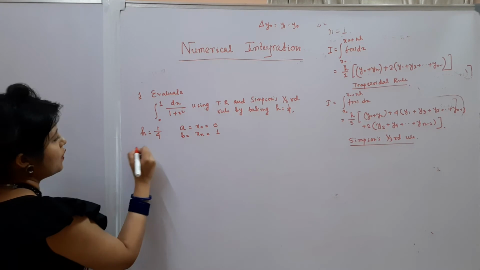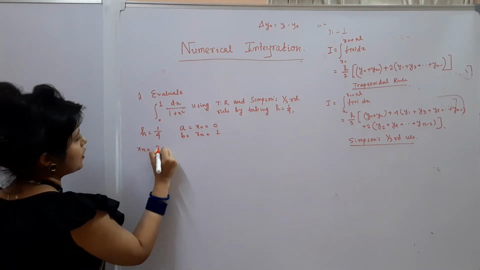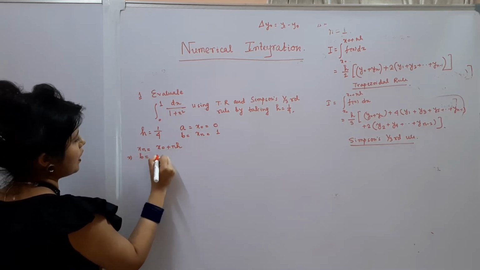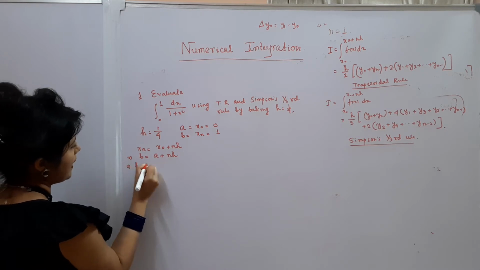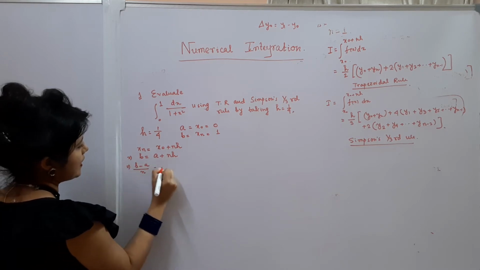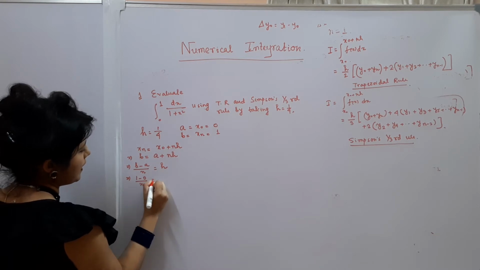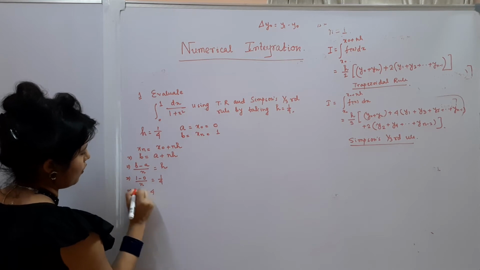We all know that xn equal to x0 plus nh, that is b is equal to a plus nh. So b minus a by n is equal to h. Therefore 1 minus 0 by n is equal to 1 by 4. So n is equal to 4.